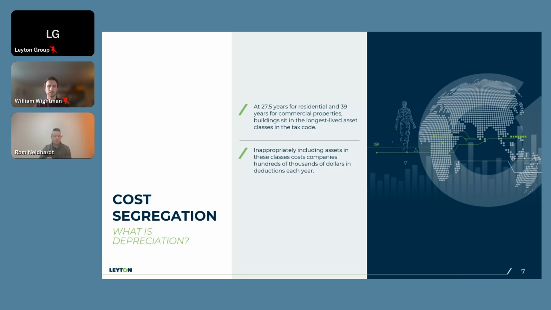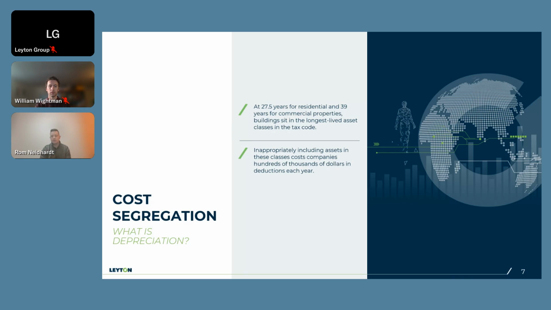If you're going to own that building until it falls, it's going to last a lot longer than most of the other assets. But what that means is that when you include assets in those classes that don't belong there, you are vastly extending the class life and vastly decreasing the depreciation deductions you should be taking on those assets.